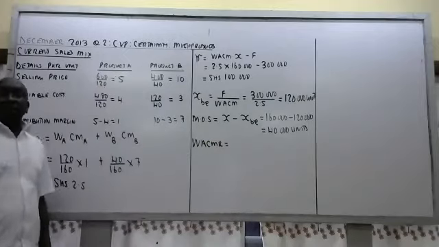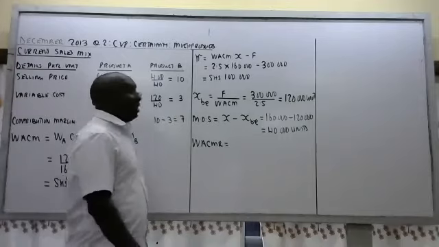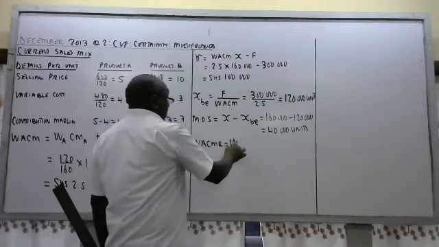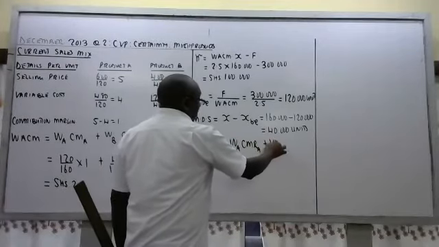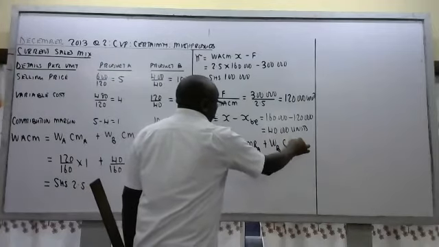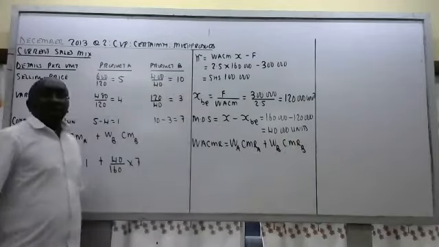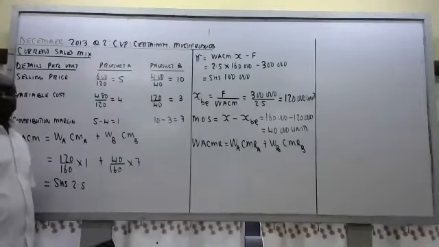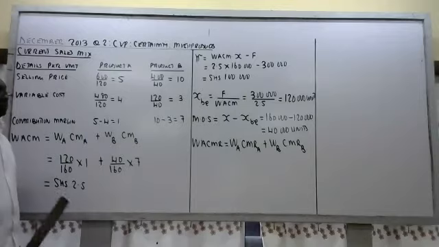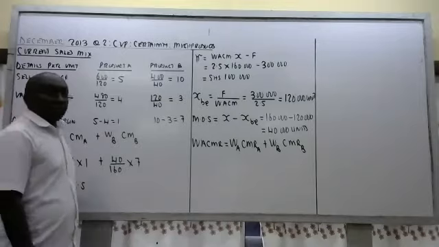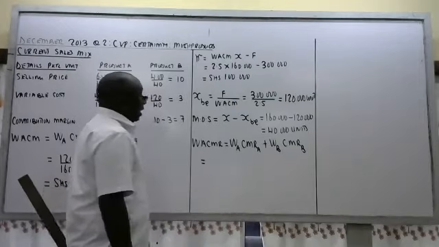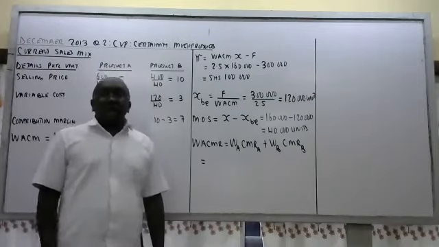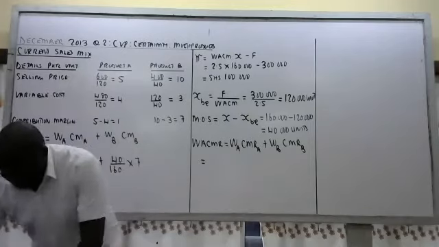If we are told to compute weighted average contribution margin ratio, it is given as weight of A, contribution margin ratio of A, plus weight of B, contribution margin ratio of B. So the weight here will be the revenue.